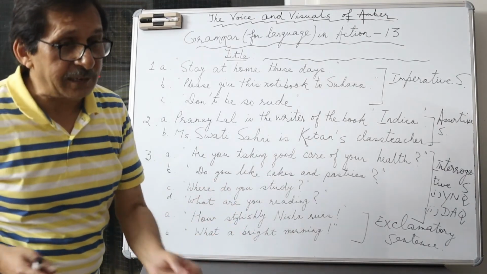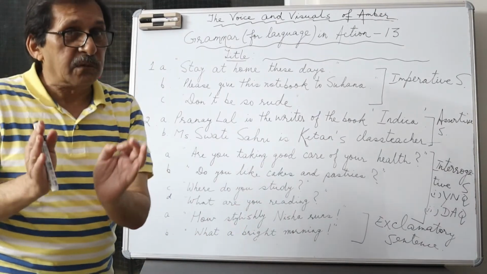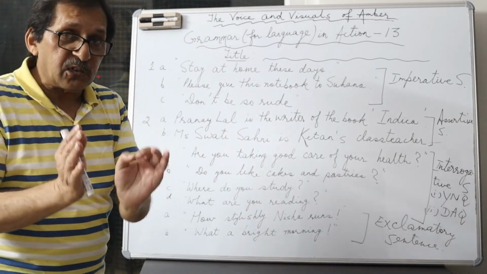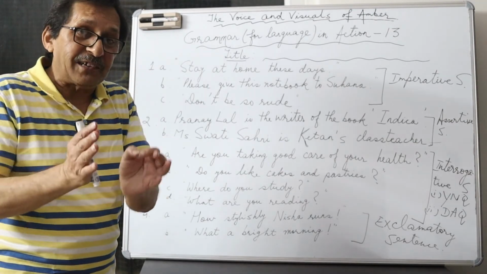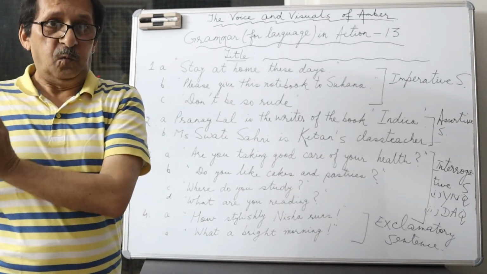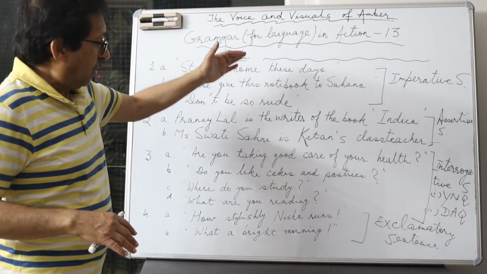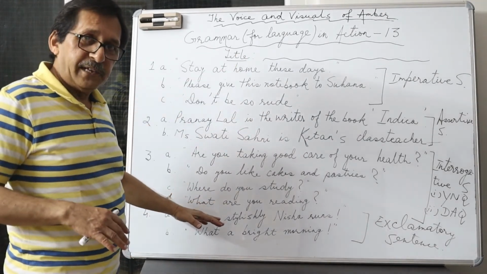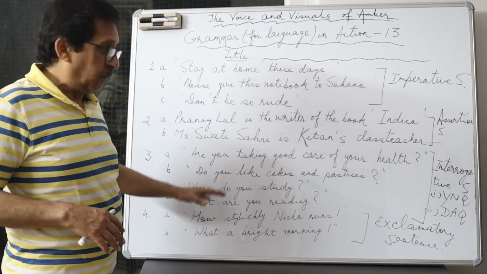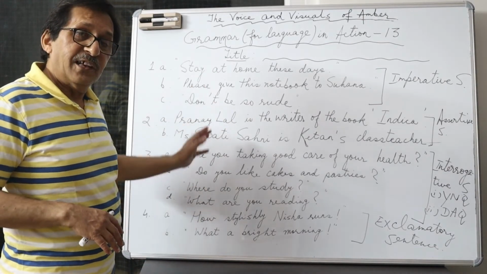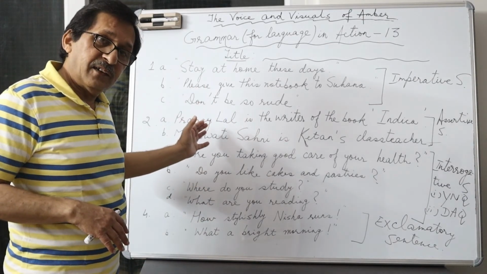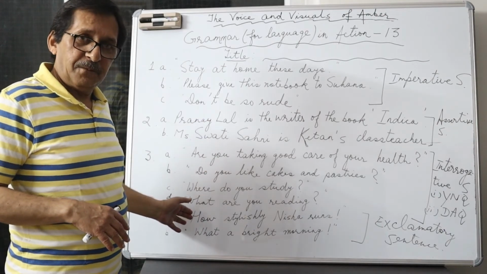What does structure mean? Structure means the arrangement of words, the placement of words, the correct and accurate placement of words in a sentence. So the structure of words or arrangement of words varies from one kind to the other.